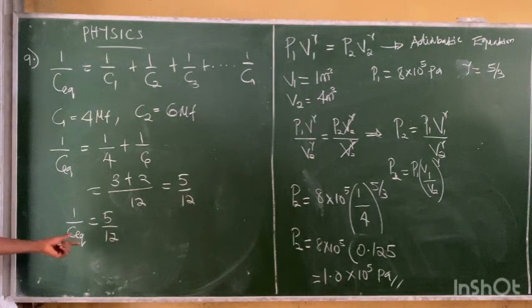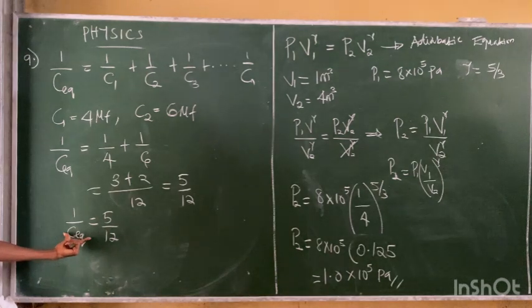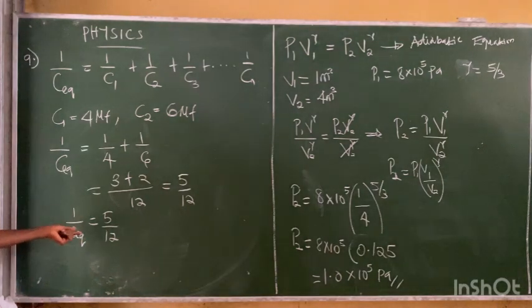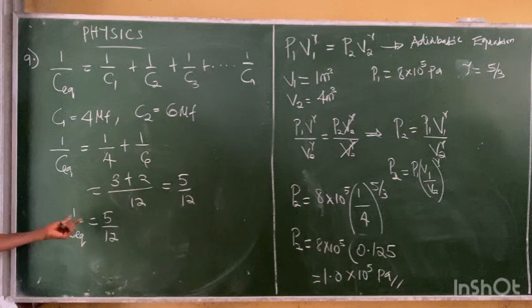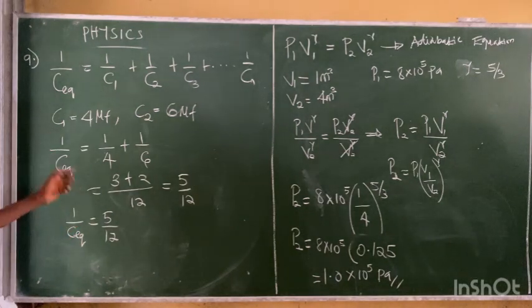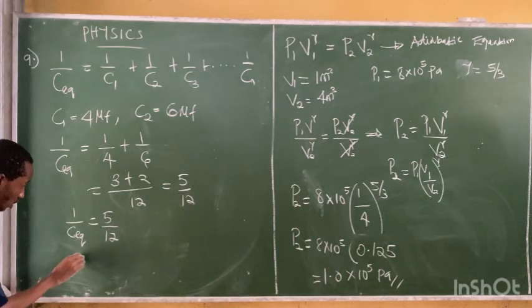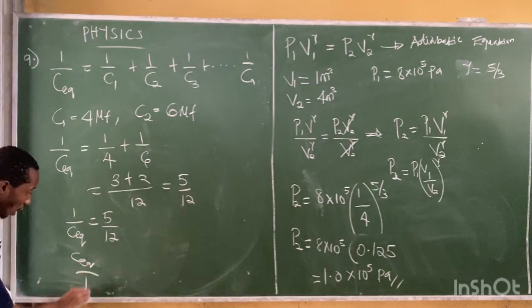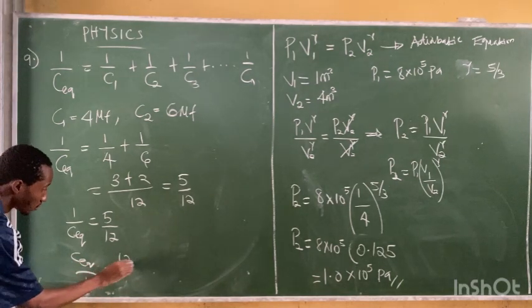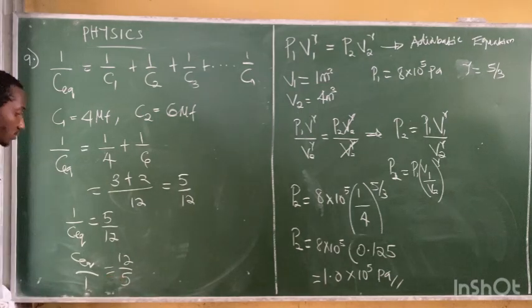Now at this point, we are looking for the equivalent capacitance and not 1 over this. So for us to remove this numerator, we take the inverse of both sides. This becomes C equivalent over 1 is equal to 12 over 5.